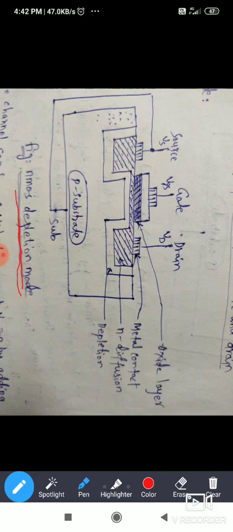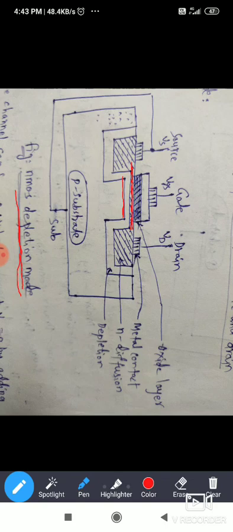Upon the applied gate to source voltage, the channel is formed in the enhancement mode MOSFET. But in the depletion mode MOSFET, the channel is always present. This is the channel.